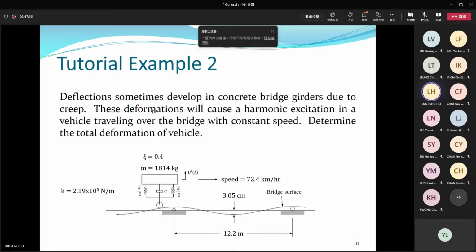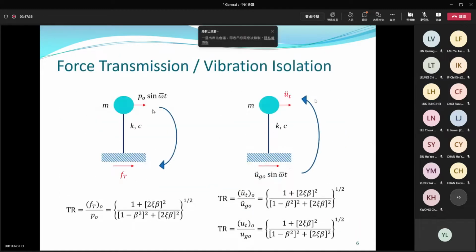Maybe I go to that page. Here. When the ground is moving due to ground acceleration or ground movement, the total acceleration or the total displacement is something related to transmissibility. Actually, in Example 2, you're asked to evaluate the total displacement amplitude, UT.